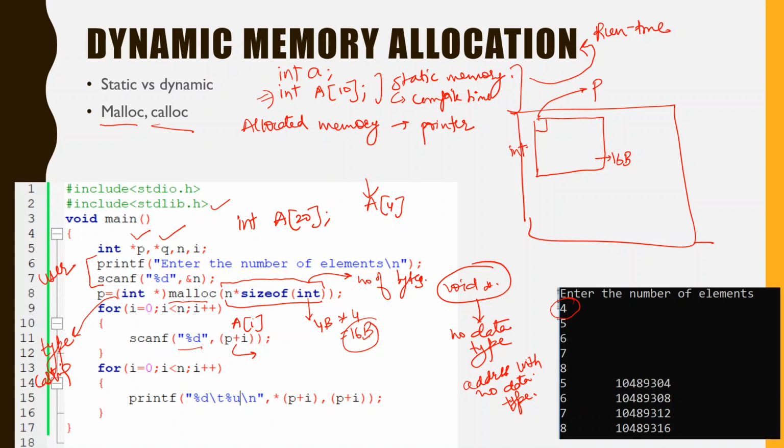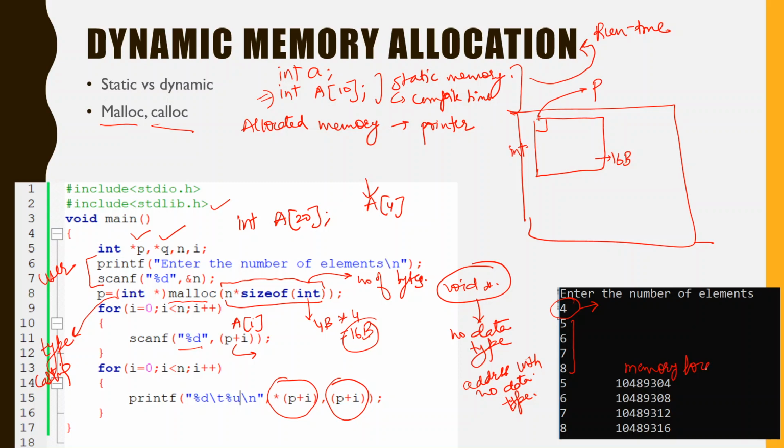We can see this with the help of an example also. Here the input given was 4, and these four integers were given as input. Now we have tried to print these four integers using the pointer p + i and *(p + i).